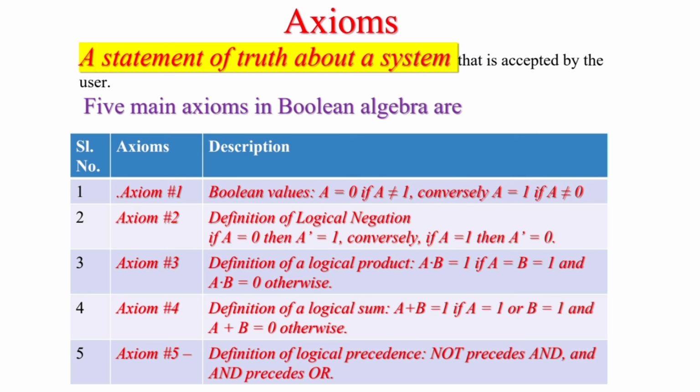A or b equal to 1 if a equal to 1 or b equal to 1. So a or b equal to 0 otherwise. Then the fifth one is the definition of logical precedence. Precedence means the operation which has more importance. So the NOT gate precedes the AND gate, and AND precedes the OR gate.